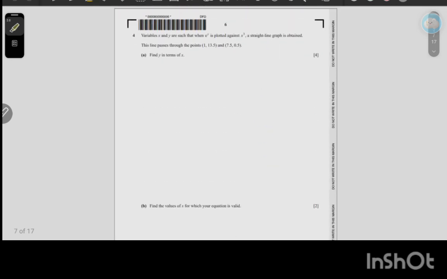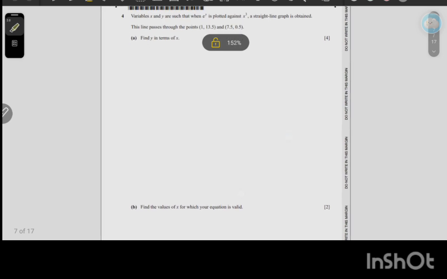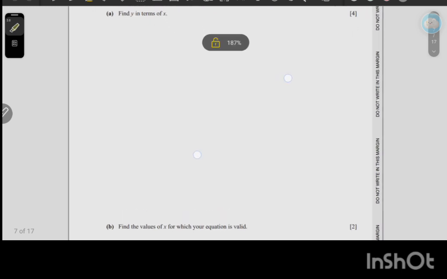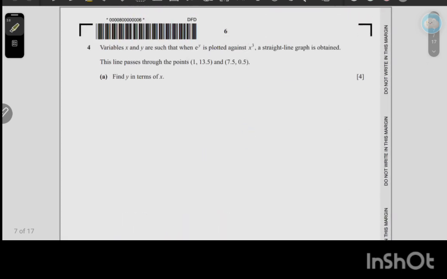Now we will move forward. Our next question is, how to solve this question. Look at this one. Variables x and y are such that when e^y is plotted against x³, a straight line graph is obtained.